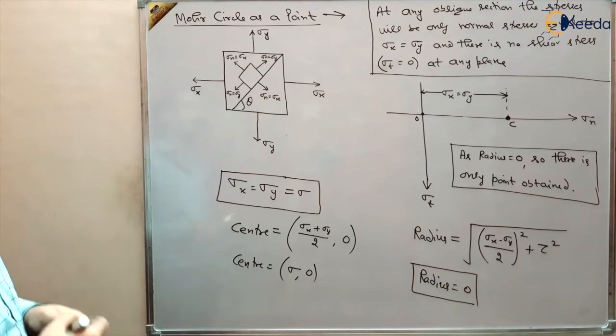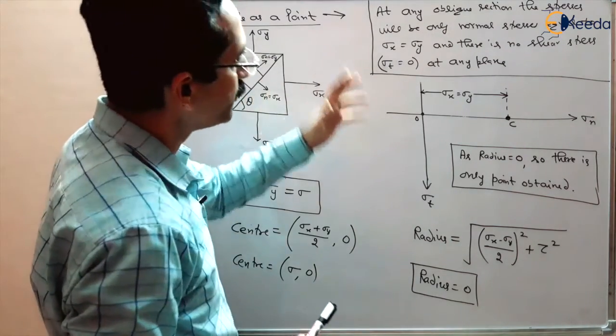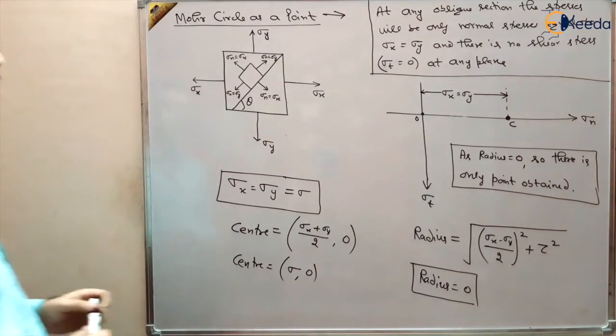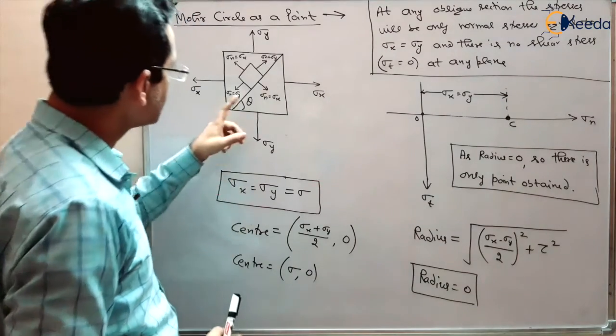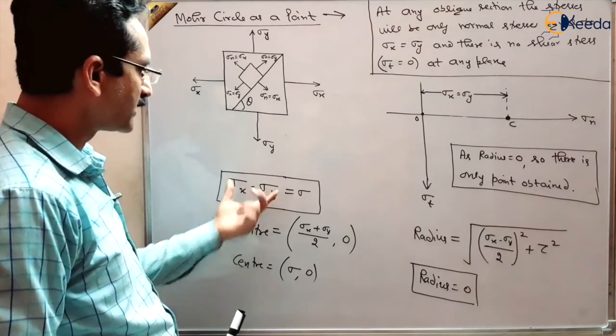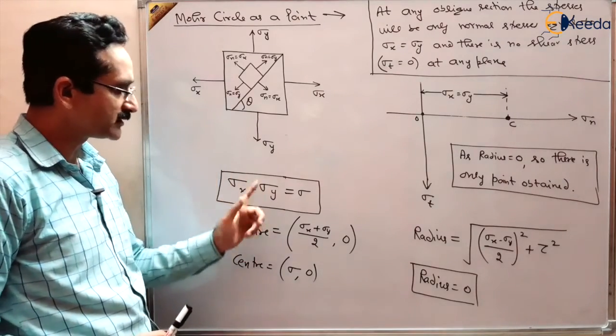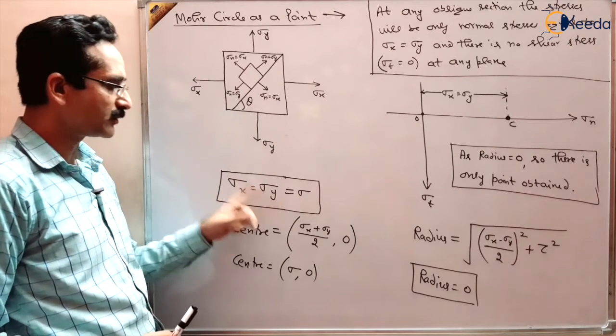So this is another special case of the Mohr circle in which we get the Mohr circle as a point, when the applied stresses are equal in magnitude as well as direction. Either they are tensile or compressive, and the magnitude of both the stresses is the same. Sigma x and sigma y are the same here.